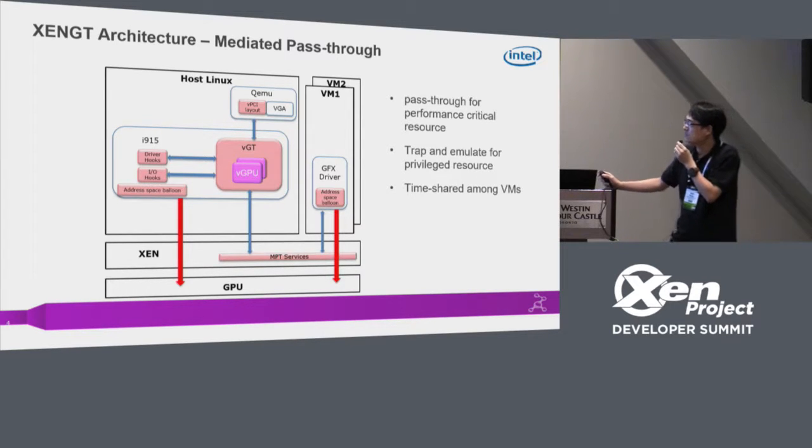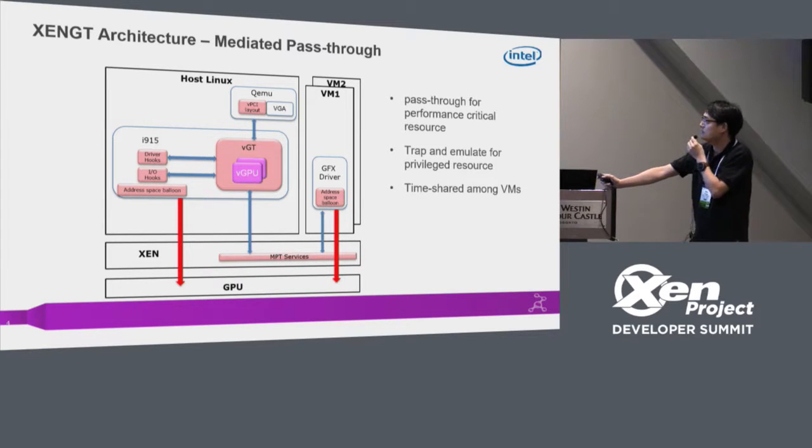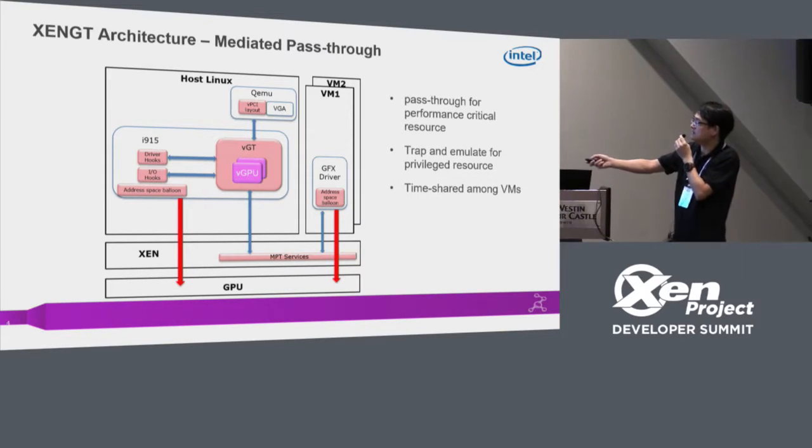So what is the mediated pass-through here? Basically, we trap and emulate most of the resources, like the MMIO resources and the page tables. We trap and emulate, so the state is maintained here in the vGPU instance.